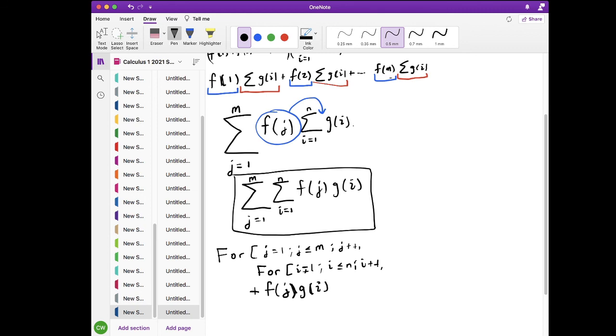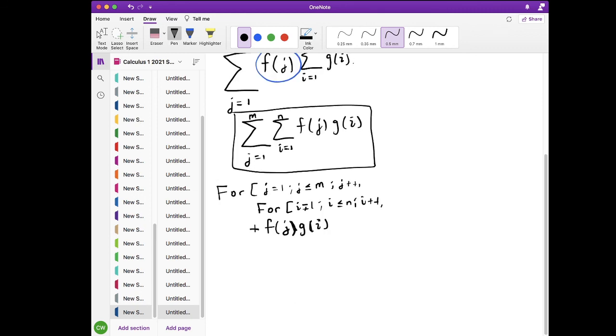So whenever you do this inner for loop, the f is going to be the same. So it's going to be like, for example, f of 1, g of 1, plus f of 1, g of 2, and then all the way up to f of 1, g of n.